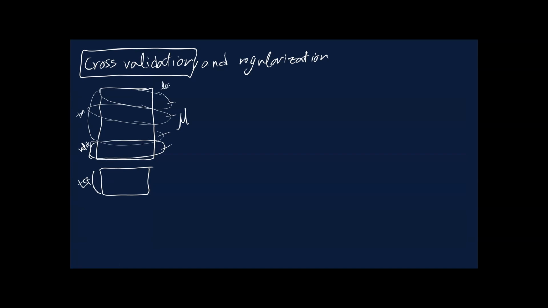And there is also another method called leave one out, where we can just leave one sample out. So basically, instead of having a validation set including like 20% of our data, we can just leave one sample out and use it to test our classifier.